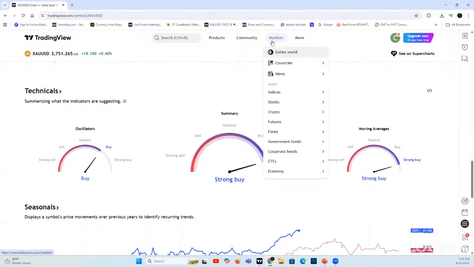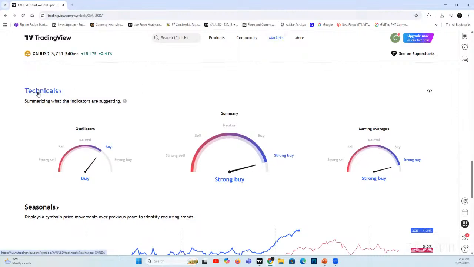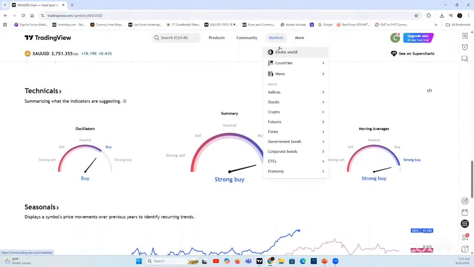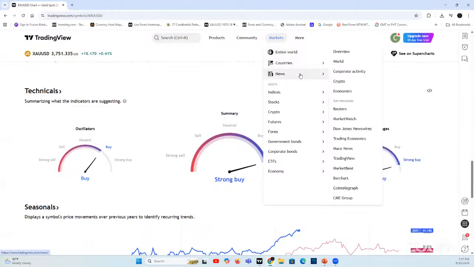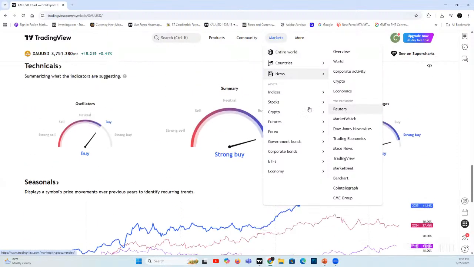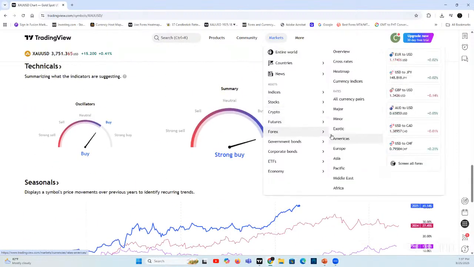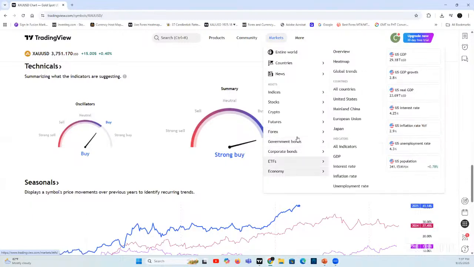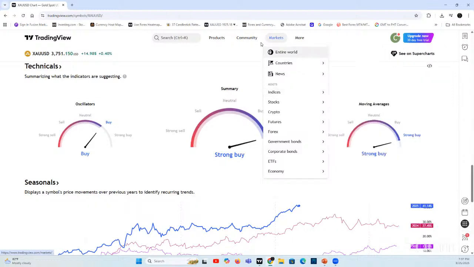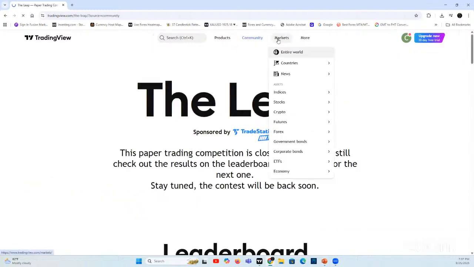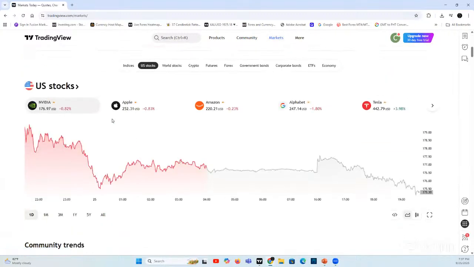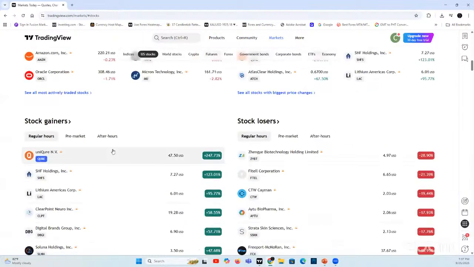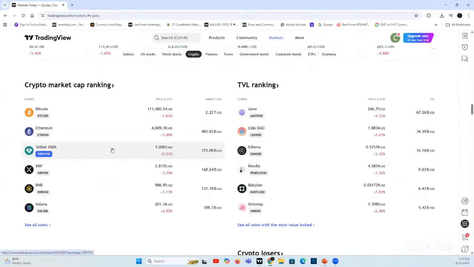It's under markets, and under technicals. I don't know why it brought me here, but if you click markets, it will be there. All this information, you guys seeing this?